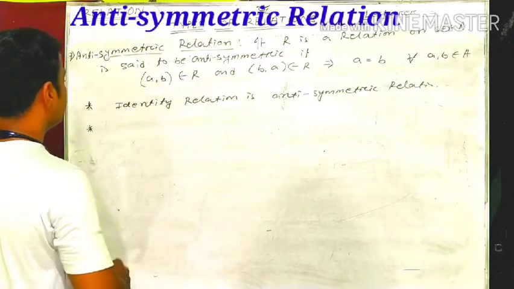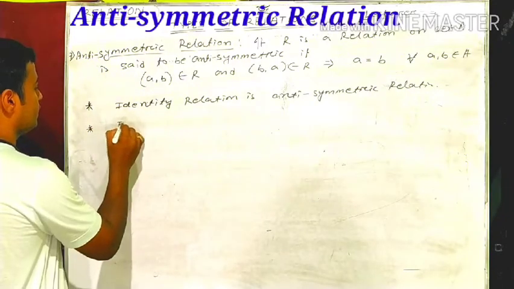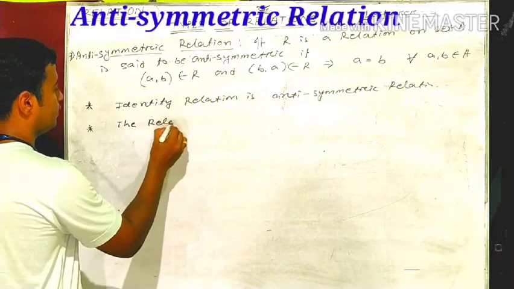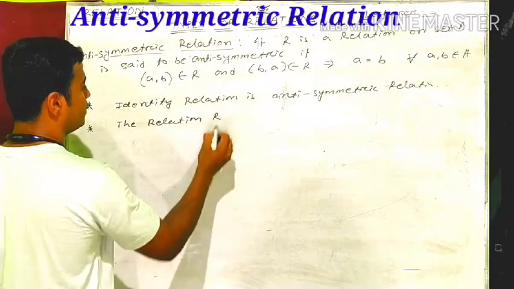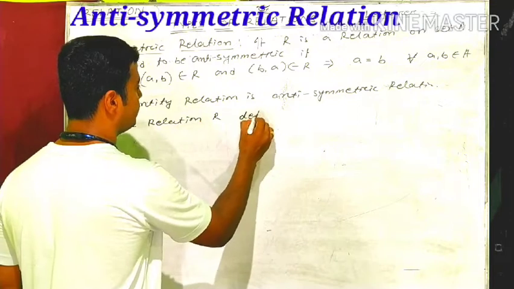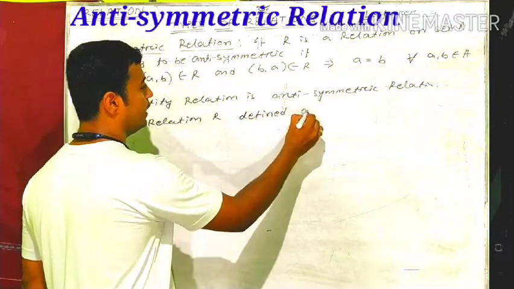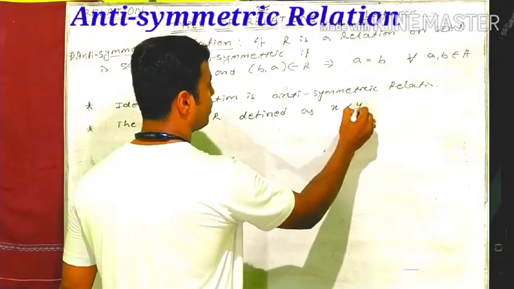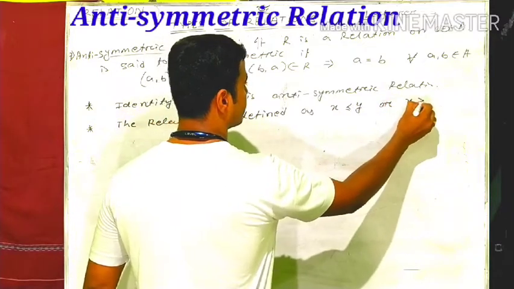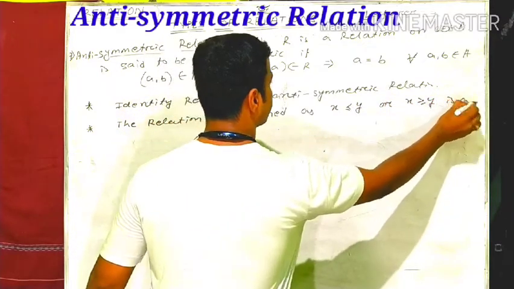And the relation defined as x less than or equal to y, or x greater than or equal to y, is an anti-symmetric relation.